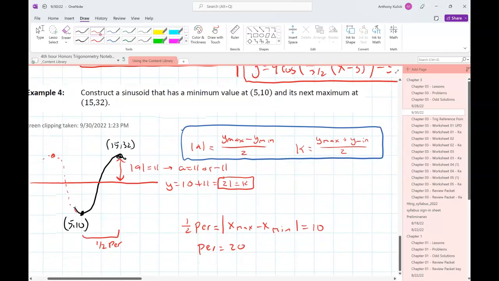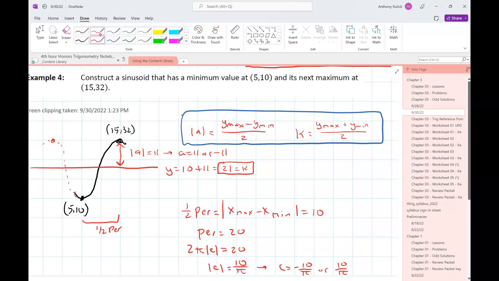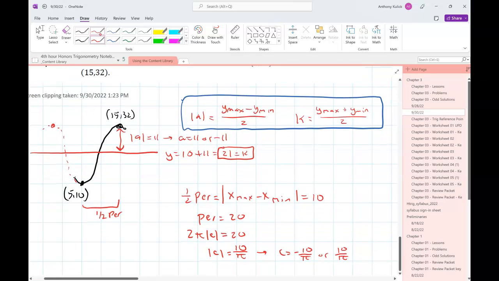And how do I find a period? So my absolute value C should be 10 over pi. And we're always going to pick the positive for our C.